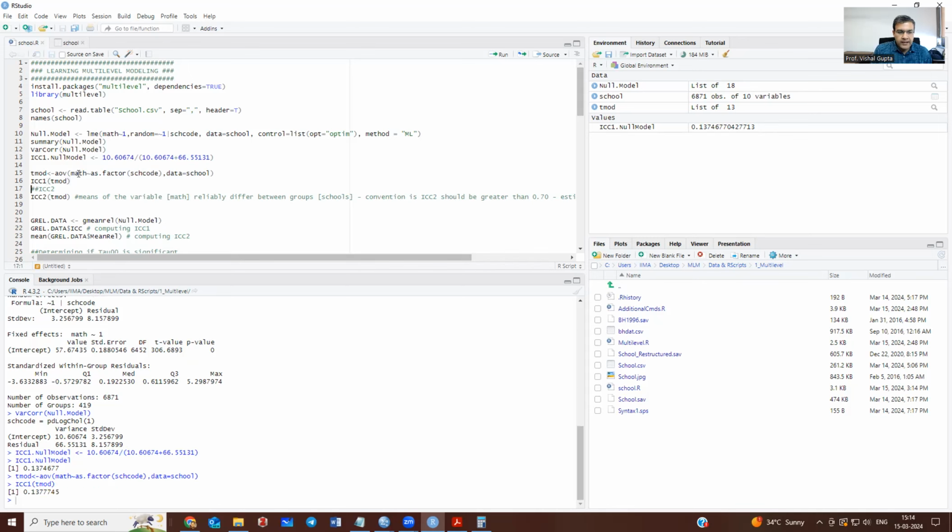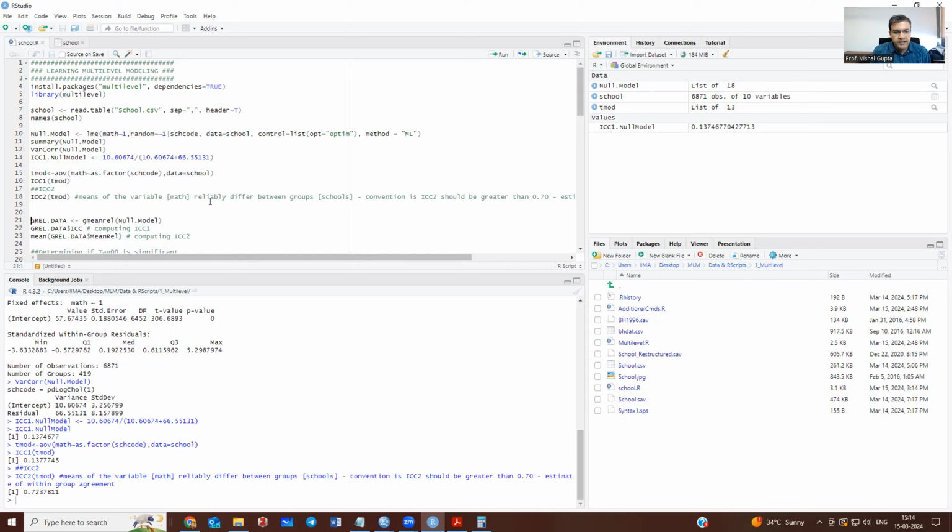And then we said ICC1 comes out to be about the same, 13.77. And then you do ICC2, you get 0.723. Now we said, what is ICC2? That the group means differ significantly.